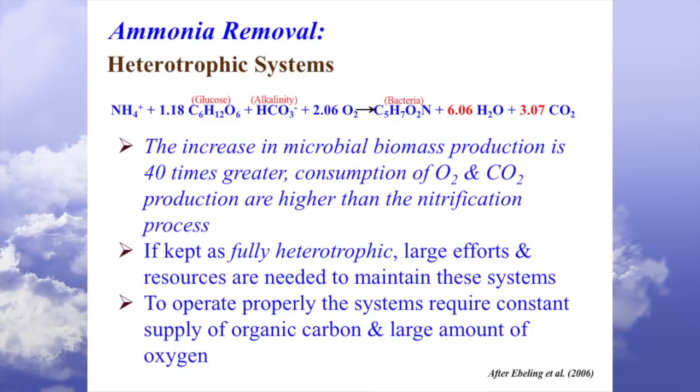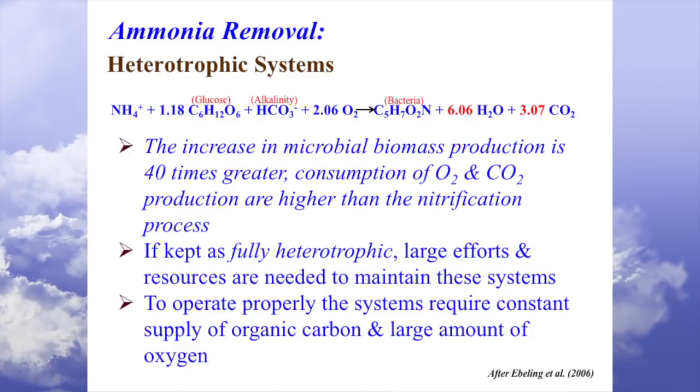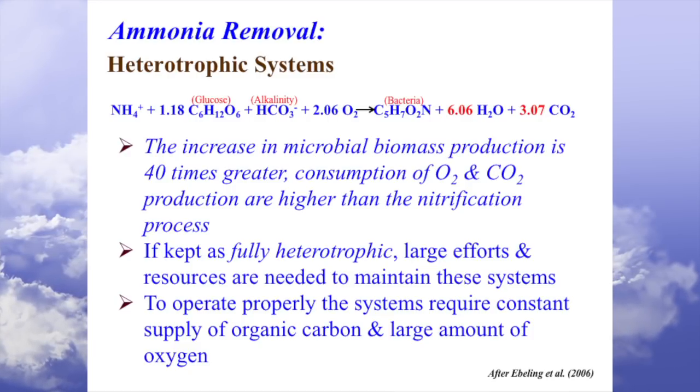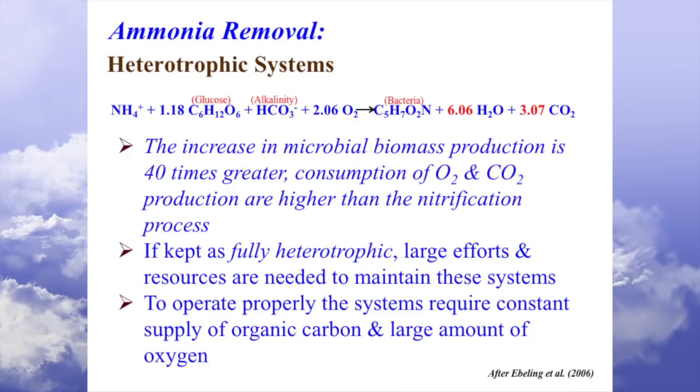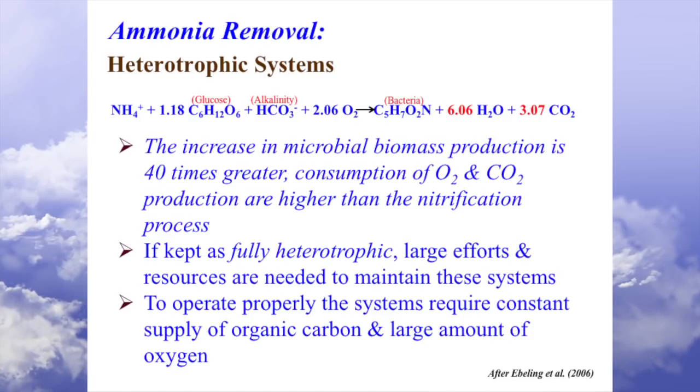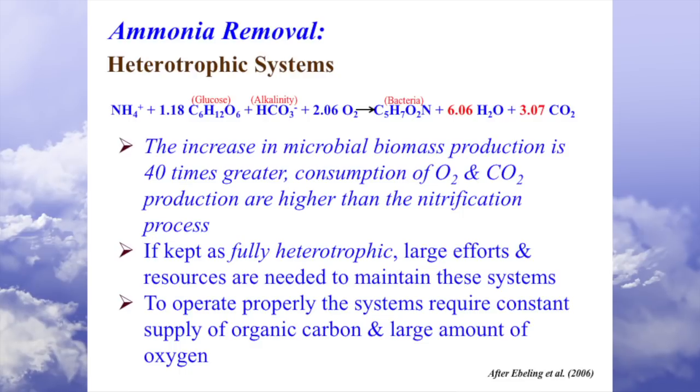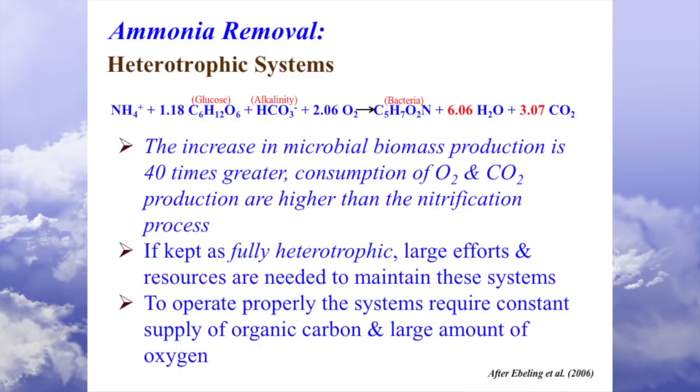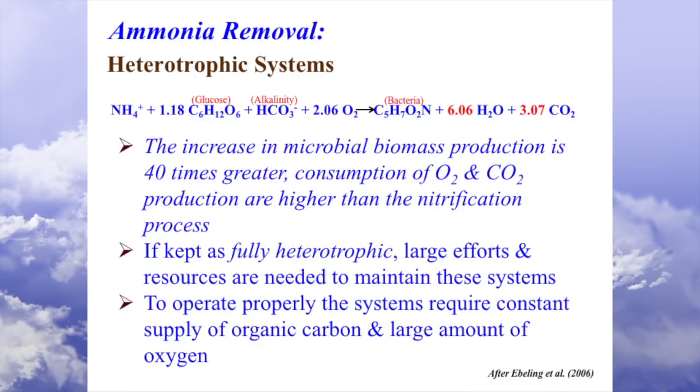That's the reason why, as I explained later, we are using the mixotrophic system. If kept as fully heterotrophic, large effort and resources are needed to maintain these systems. To operate properly, the system requires constant energy supply to maintain it.